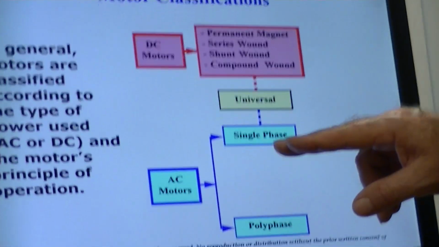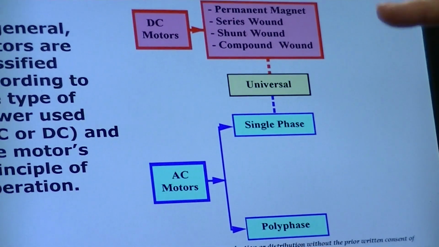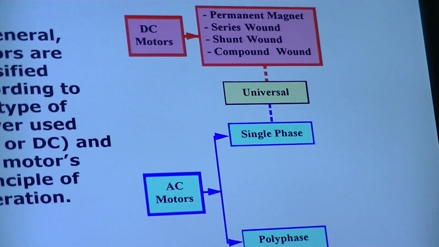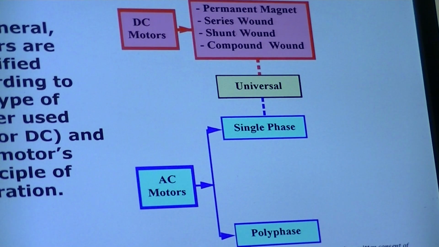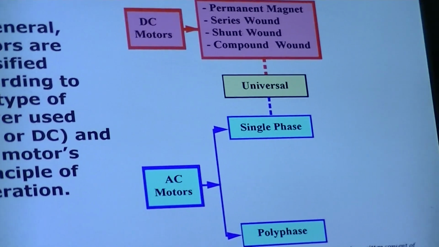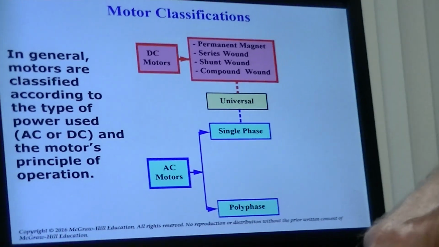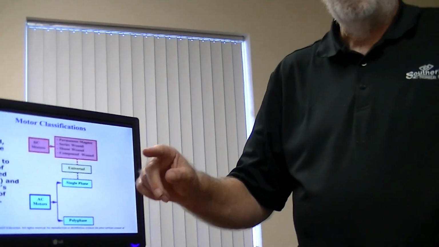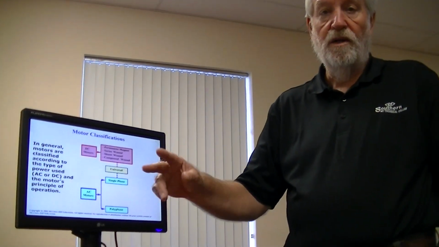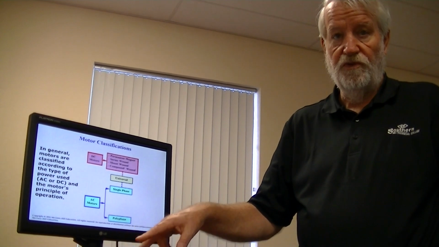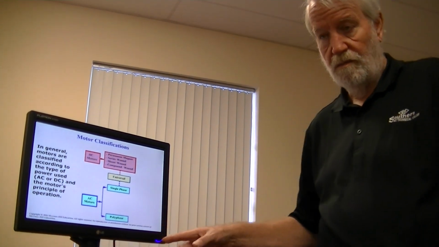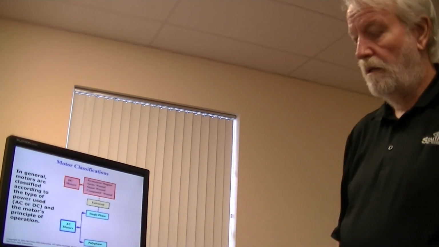Now, when it says single-phase, it's got two conductors coming in, all right? That could be, for example, 120 or 110, okay? And that could be a phase wire and a neutral, neutral typically being grounded back at its point of origin.